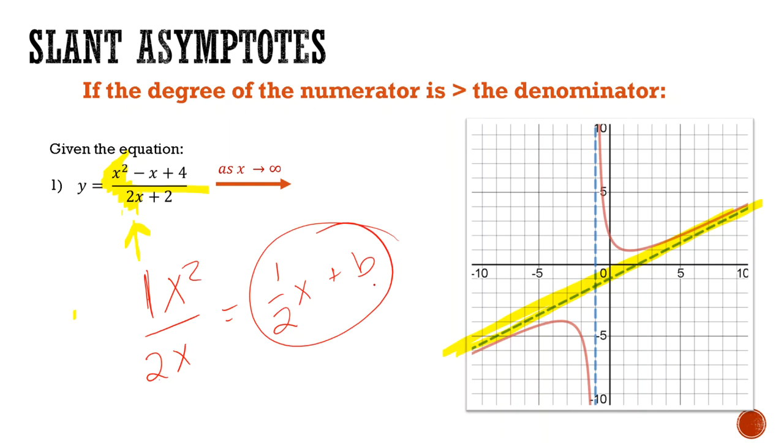And how do we get the b? This would depend on which teacher you're talking to. For me, I'm happy with the 1/2 x, but let's find the b. What you're going to do is actually do this as a division.